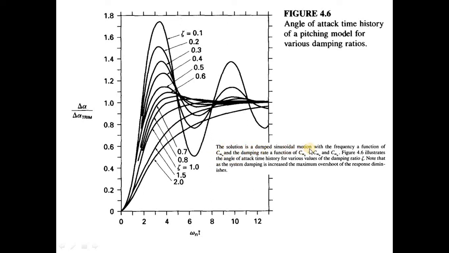The solution is a damped sinusoidal motion with the frequency a function of Cm alpha and the damping rate a function of Cmq and Cm alpha dot and Cm alpha also. Figure 4.6 illustrates the angle of attack time history for various values of damping ratio. Note that as the system damping is increased, the maximum overshoot is decreased. So we don't want high maximum overshoot, but we don't want overdamped either. It will be a very slow response.